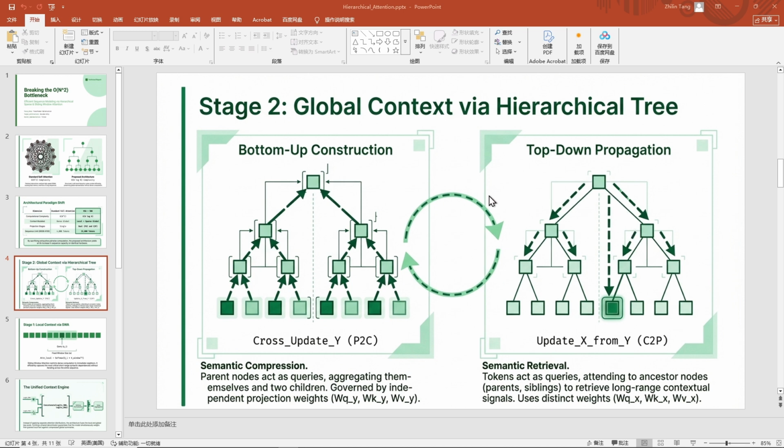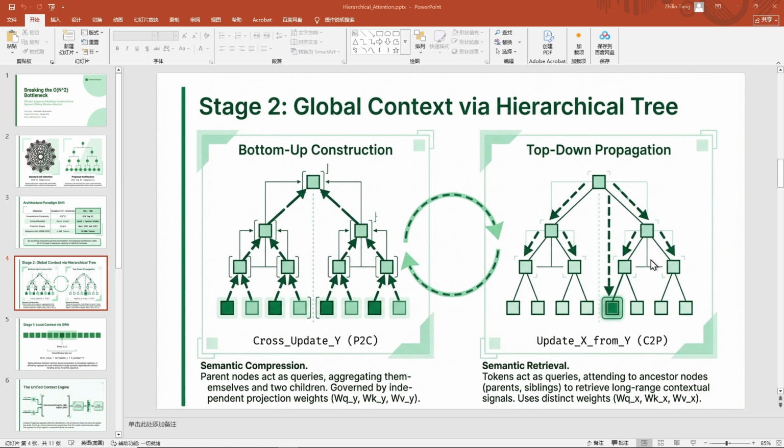In the bottom-up phase, parent nodes aggregate information from themselves and their two children to progressively summarize information from leaf tokens into higher-level nodes. Instead of attending to every token directly, tokens then use this top-down phase to attend to a set of ancestor nodes retrieved from these hierarchical trees.